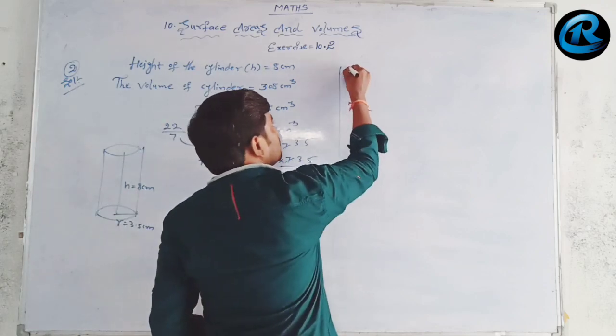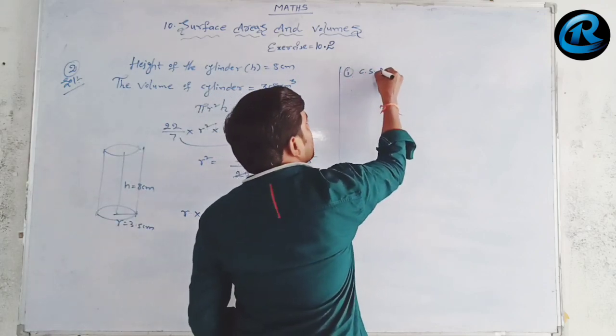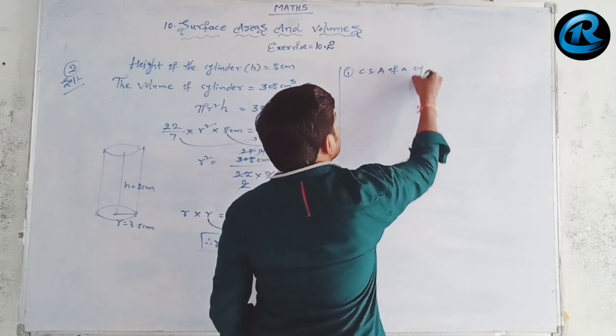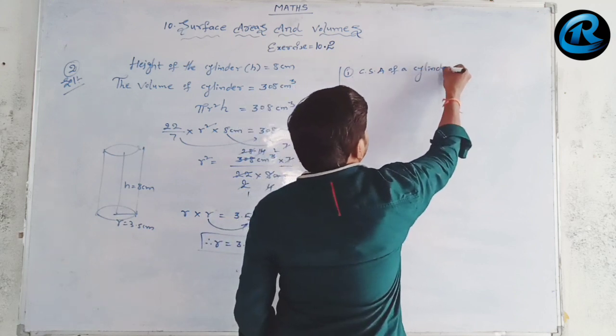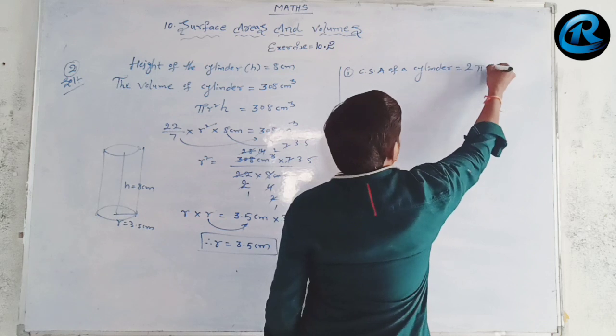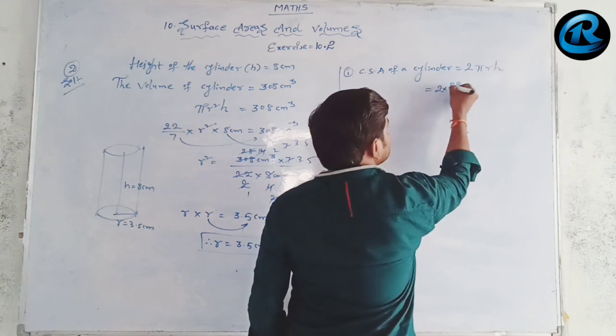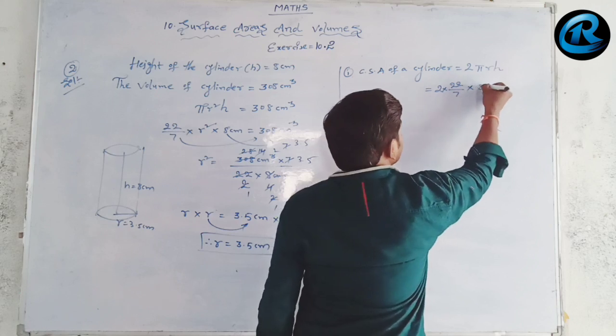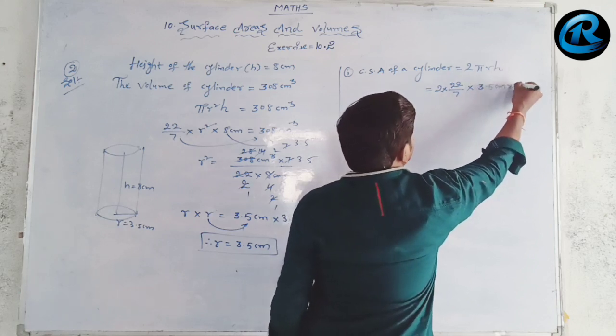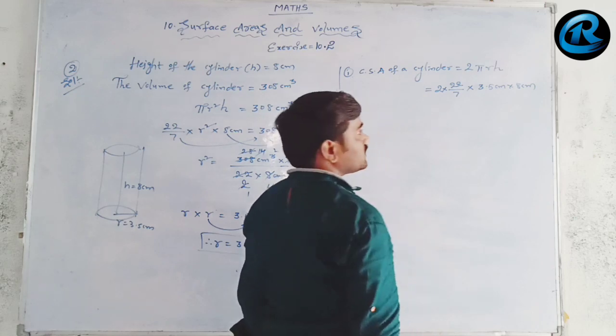That means first one, curved surface area of a cylinder, that equals 2 pi r h, where 2 into pi value 22 by 7, r value 3.5 centimeters, h value 8 centimeters.